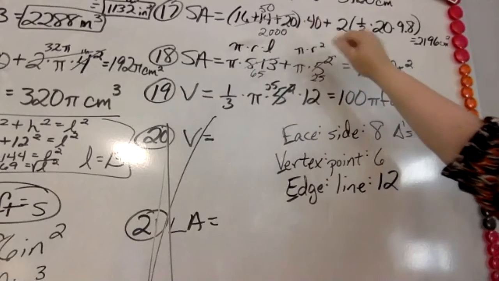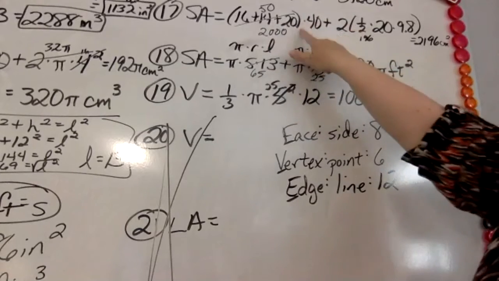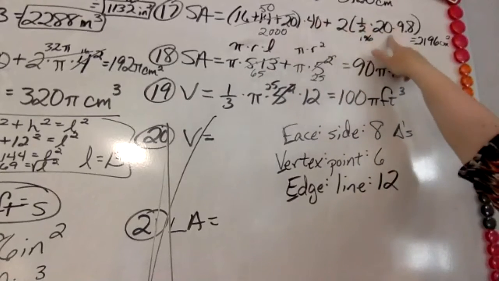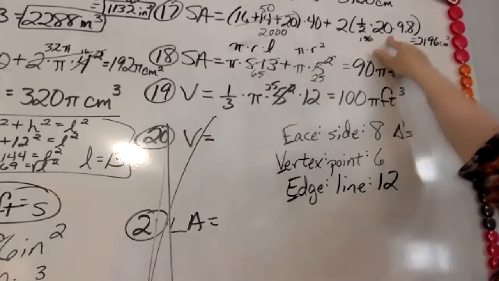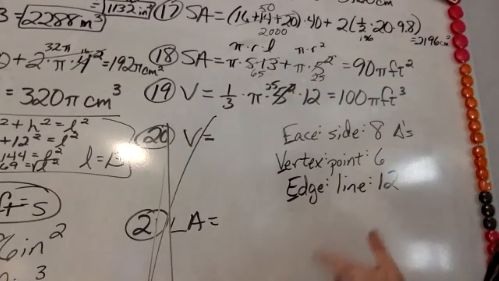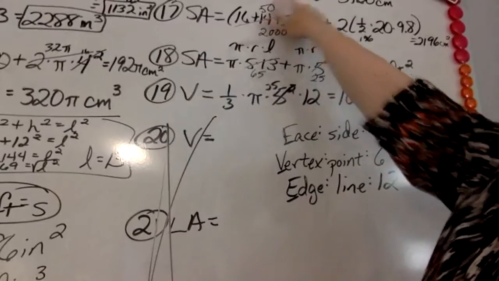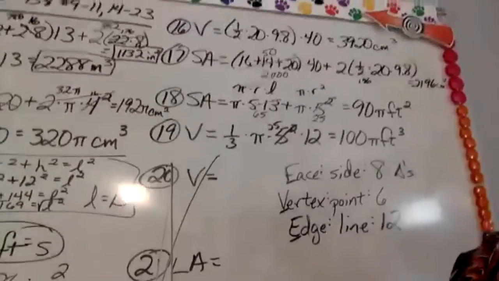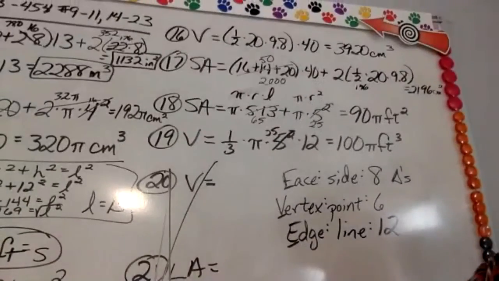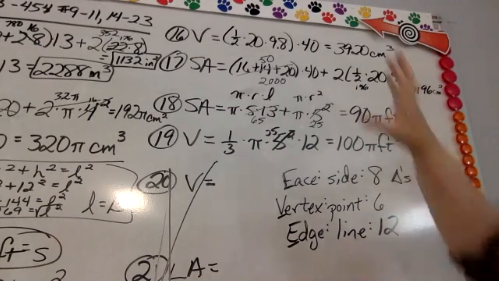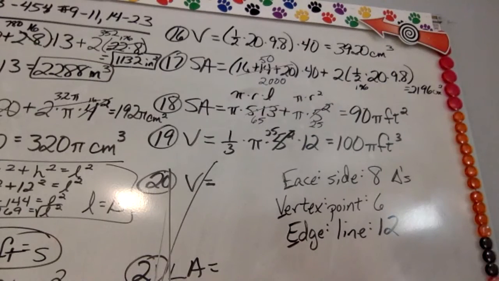Then the surface area takes that answer plus 2 times the area of the triangle base. And then for volume, we took the area of the triangle base times the height. So number 2 is like 16 and 17 from the review that we did today.